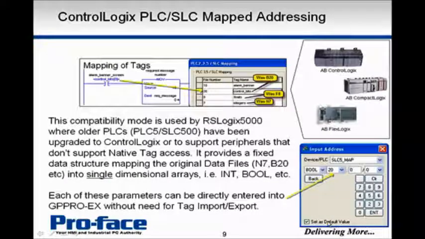We'll now move on to that compatibility mode that we talked about earlier. This is where you've upgraded from SLC or PLC5 into the ControlLogix platform, but now you want to access the data in a sort of ControlLogix native tag kind of way.